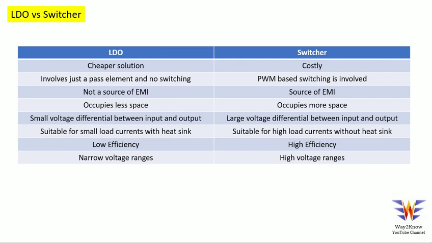The other difference is that an LDO is suitable for small load currents, with a heat sink. If you want to use an LDO with a specific load current, even if the load current increases a little, for example in that 5 to 3.3 volt conversion with a 1.7 volt drop across the series element at 1 amp, that means 1.7 watts of heat that needs to be dissipated.